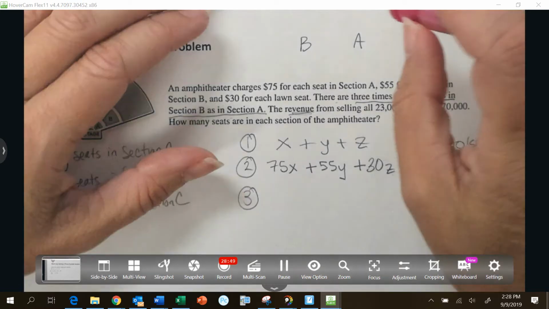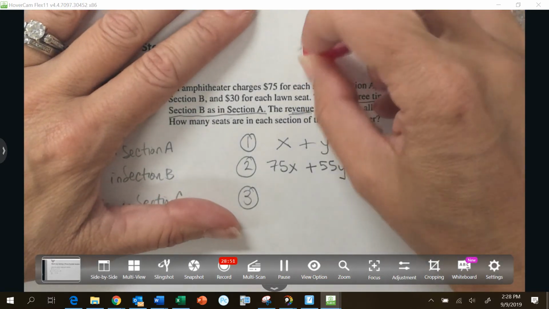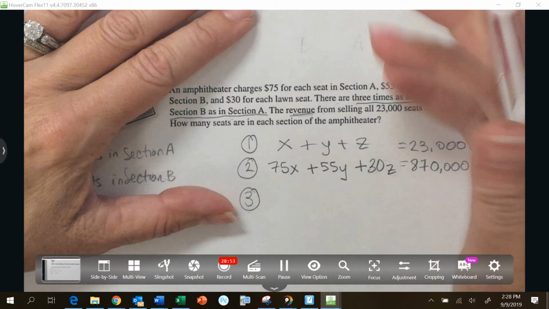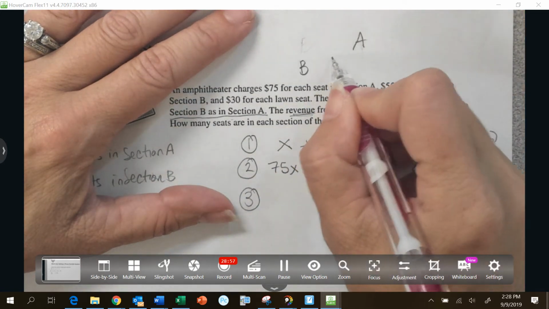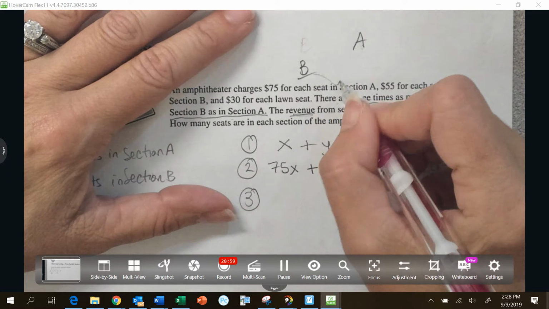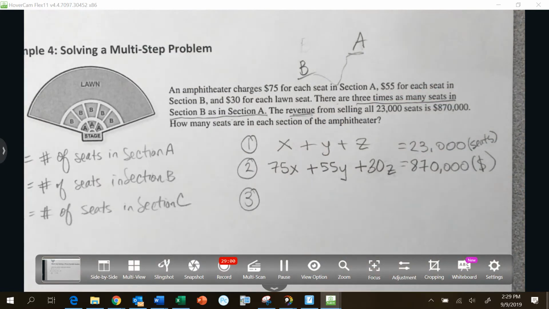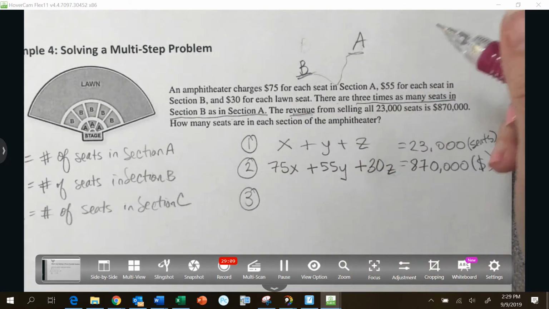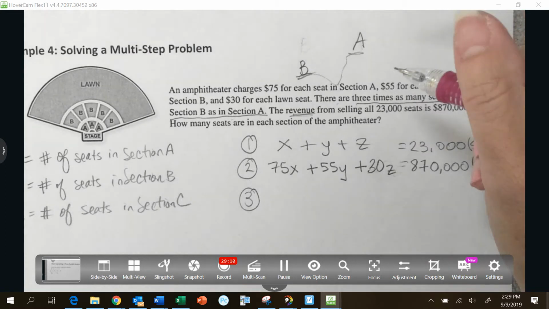B. Right. So if I were looking at a scale, like a seesaw, like a balance scale that you put the weights on, how can I make them balanced?